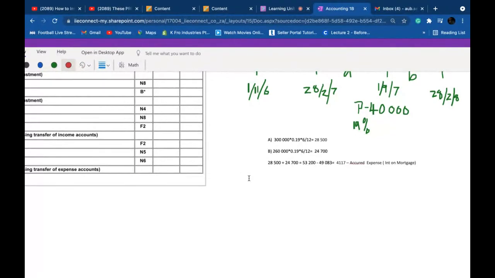Okay, guys, again, what financial year are we looking at? I should actually say 1 March 2007, all the way until 28 February 2008.